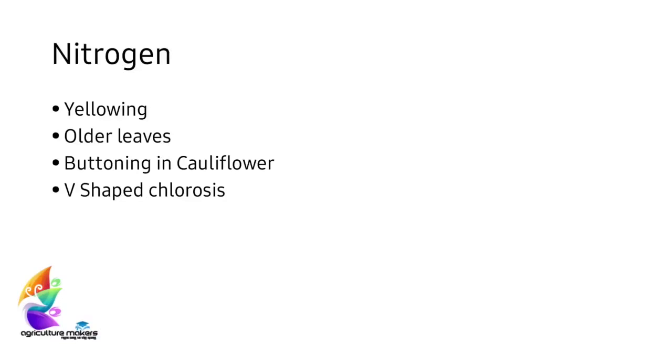First, we are going to see about nitrogen. We all know that nitrogen imparts green color to the plant and it encourages vegetative growth, and it is an essential constituent of protein. So, the deficiency of nitrogen causes yellowing in older leaves. This is the key terminology.